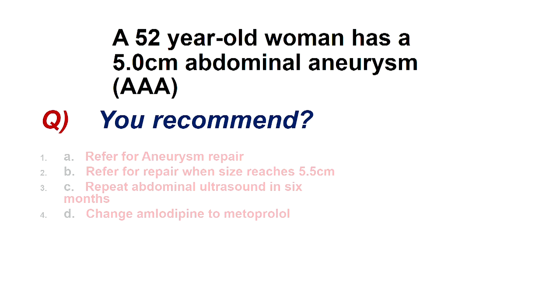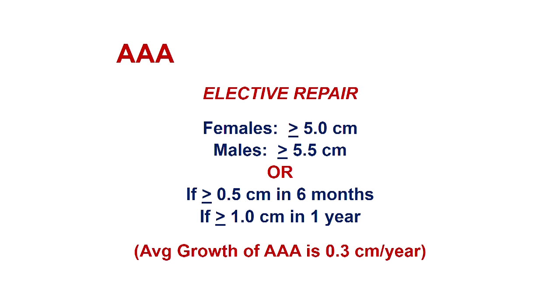What is important here is that if your aneurysm grows more than 0.5 centimeters in 6 months, or 1 centimeter in a year, that is telling you that there's instability of the aortic wall and impending rupture. Remember that an aneurysm grows at about 0.3 centimeters a year.